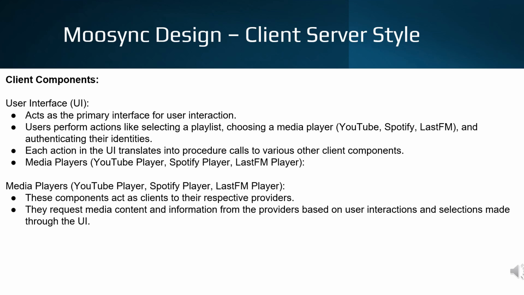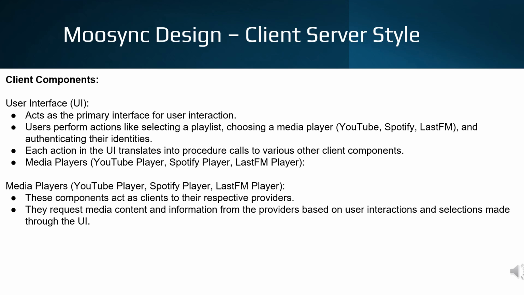For instance, we have methods like play song, which will play the song present in the song list, and you also have functionality to add a song to the queue. On the whole, it provides a comprehensive set of functionalities for managing and interacting with a given list of songs. So this is all about the first component, the user interface.